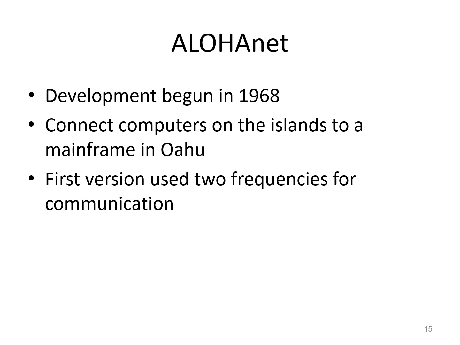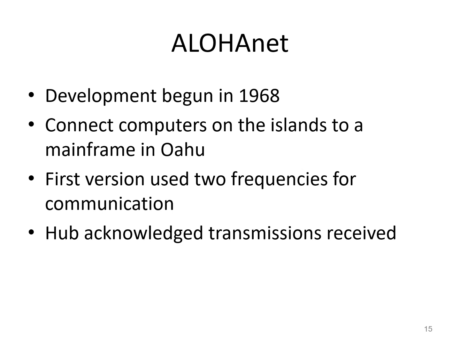The first version utilized two separate frequencies in a hub configuration, with one frequency being used for outbound traffic and the other for inbound traffic. When the central hub correctly received a communication, it sent a short message to acknowledge it was received.